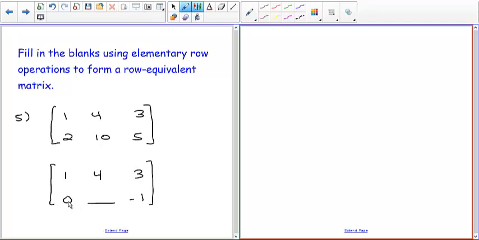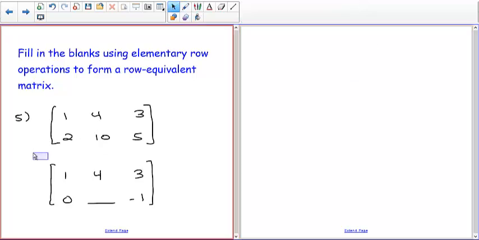So of the 3 operations, we're not switching this because there's nothing to switch it with, because we just left row 1 the same. We couldn't multiply by 0 because then we just end up with 0, 0, 0, which is pretty useless. So it must be the third method. So what I'm going to do is I'm just going to take this and just move it down a little bit.